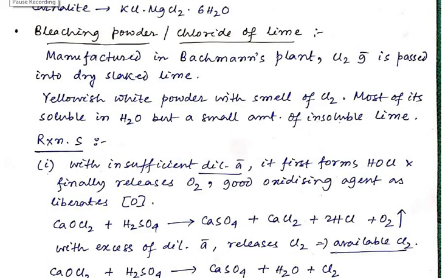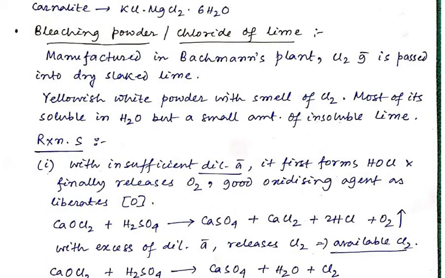Now we are going to the reaction part of the bleaching powder. When bleaching powder reacts with insufficient dilute acid, it first forms HOCl and finally releases oxygen, and for that reason it acts as a good oxidizing agent, because it also liberates nascent oxygen.